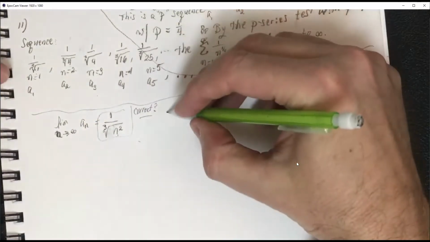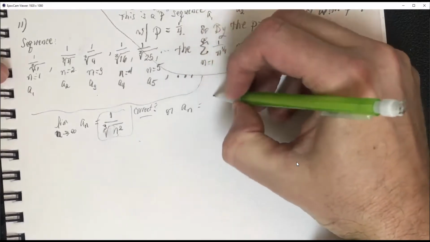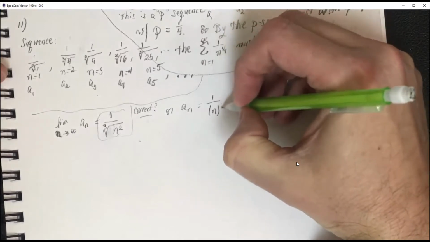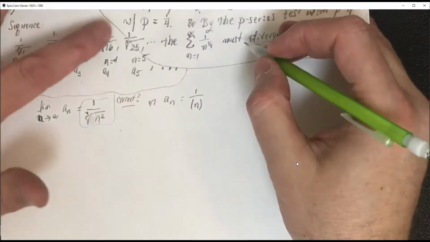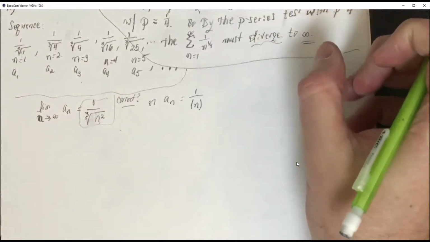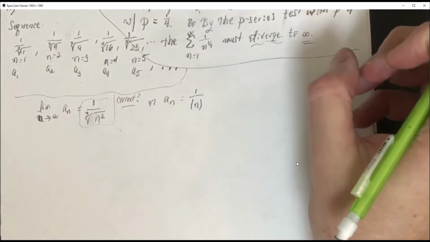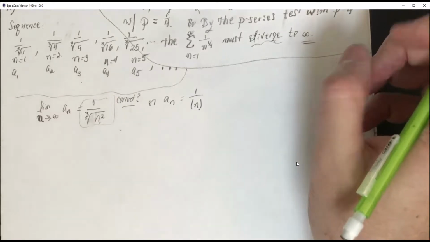And we can rewrite this as a sub n equals 1 over n to a power, because if possible, we're trying to make this into p-sequence form so that we can use the simpler p-series test versus some other test.